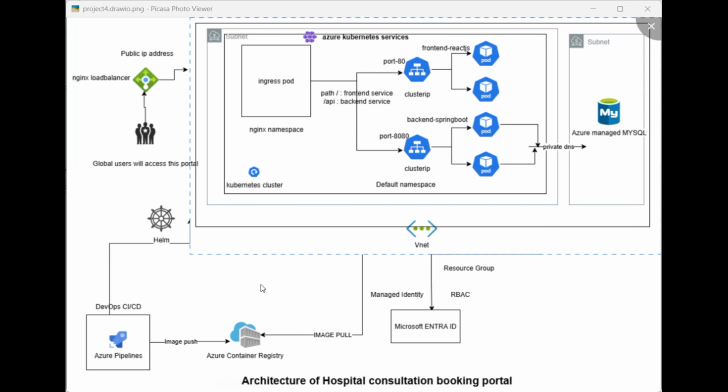Once the load balancer is installed, we come to the CI/CD pipelines. In the CI pipeline, the application will be built and shipped to Azure Container Registry. All the images will be stored here itself. Front end and back end both will be shipped to the Azure Container Registry. Now CI is completed, so we come to CD. In the CD pipeline, we need to deploy these images to the AKS cluster. First of all, we need to deploy the components.